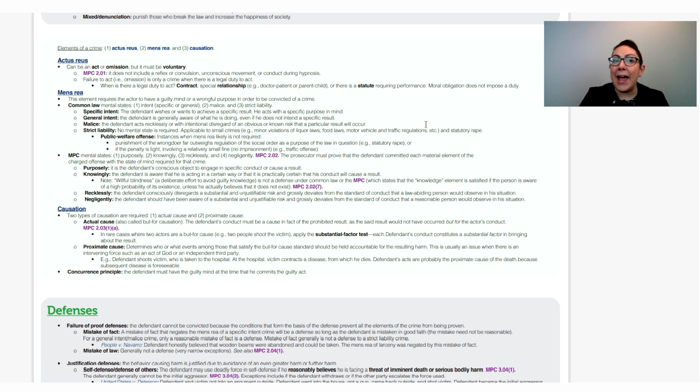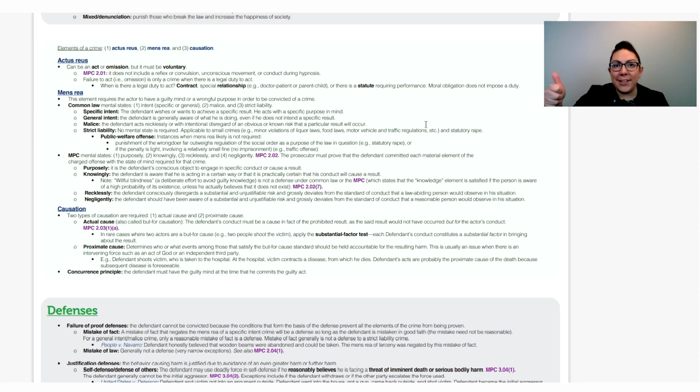So general intent is one of the elements of battery. So this is just a list of all the possible mental states that you could encounter. But know that when you look at the particular crime and the elements of that particular crime, that crime will have one of these mental states as a required element to satisfy that offense.